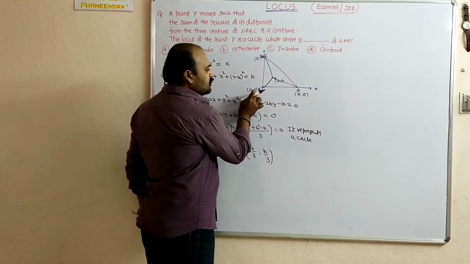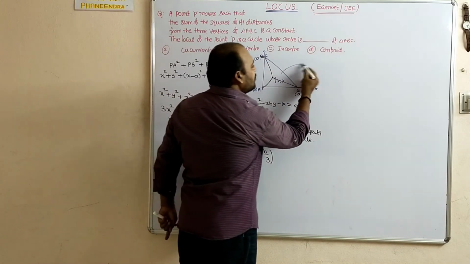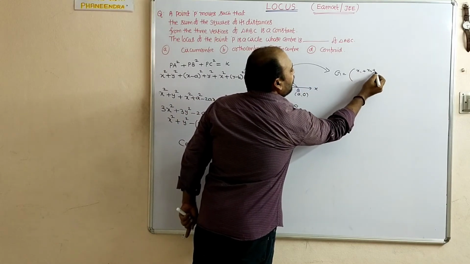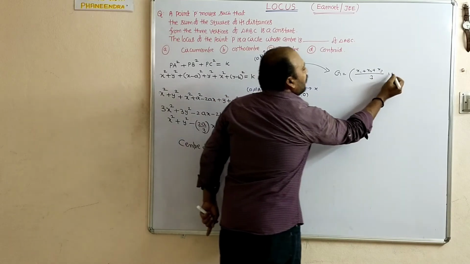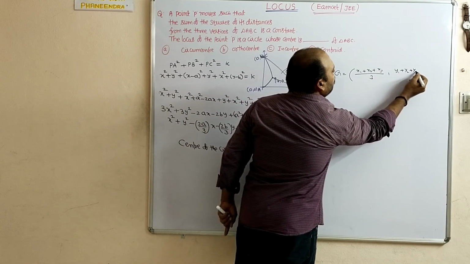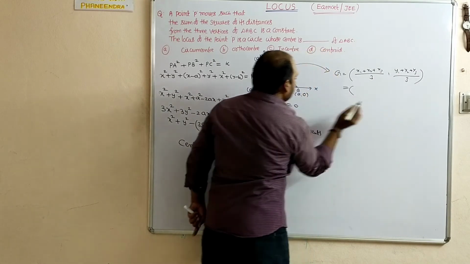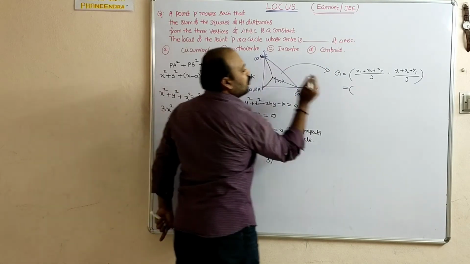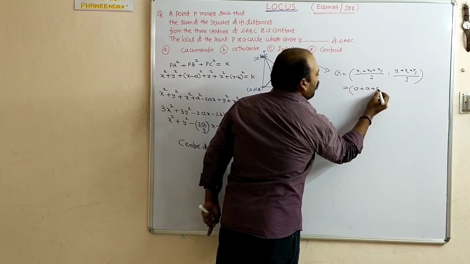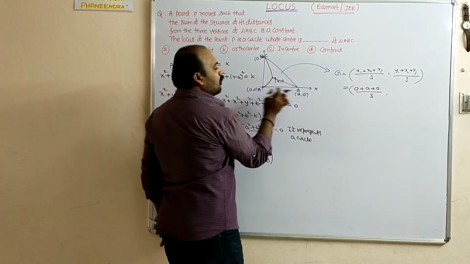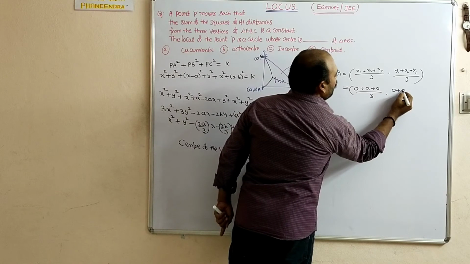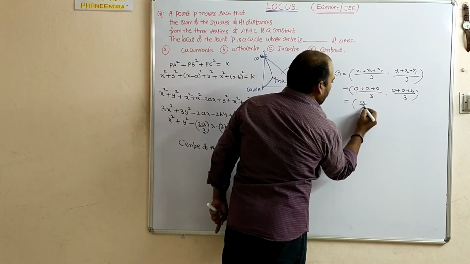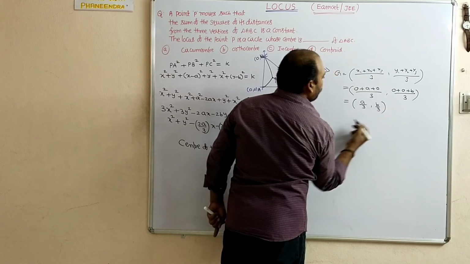Observe that the points are (0, 0), (a, 0), (0, b). For this, if we calculate the centroid, (x1 plus x2 plus x3) by 3, (y1 plus y2 plus y3) by 3. So this is x1 y1, this is x2 y2, this is x3 y3. (0 plus a plus 0) by 3, (0 plus 0 plus b) divided by 3, which is equal to (a by 3, b by 3).